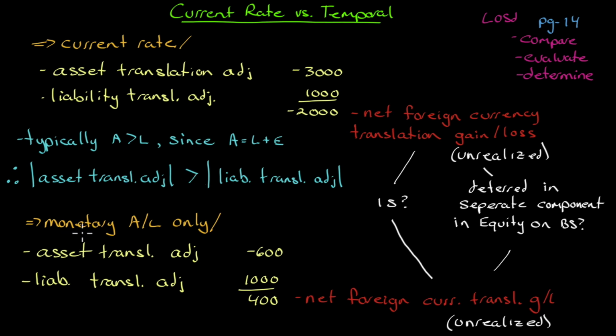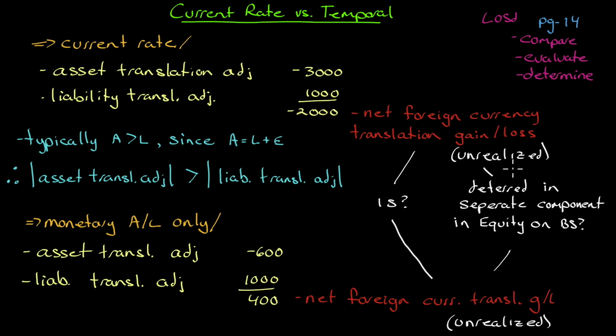If you're going to translate the monetary assets and liabilities only, the asset translation adjustment that we made was negative 600. Our assets went from 15,000 to 14,400, but our liability translation adjustment was 1,000 in our favor. We had a gain of 400. So here, using the current rate, we had a negative 2,000, so we had a loss.